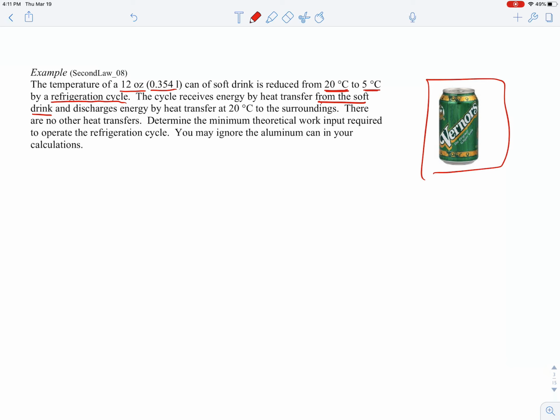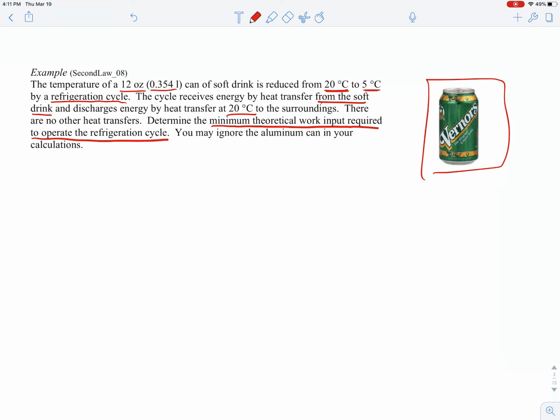So we're pulling heat from the soft drink, and then we discharge that heat energy to the surroundings, which are at 20 degrees C. So just, for example, through the radiator in the back of your refrigerator out into your kitchen. And what we want to do is find the minimum theoretical work input required to operate the refrigeration cycle.